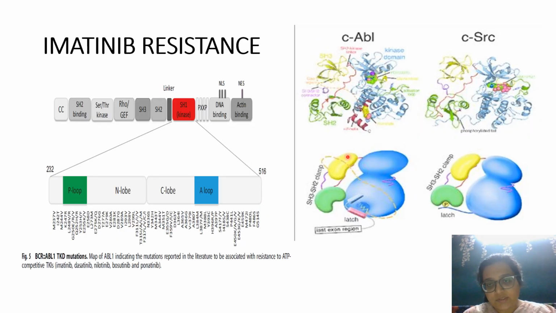Imatinib resistance. So the resistance happens. This is the entire ABL protein area where you get a switch. So see, there's a latch and a switch mechanism. There are SH3, SH2 groups on the imatinib binding site, and a latch, like this protein binds over here like a latch, and it prevents.